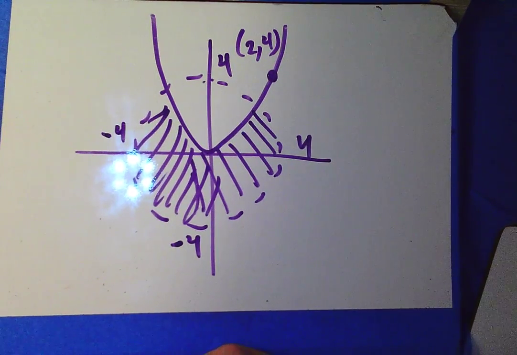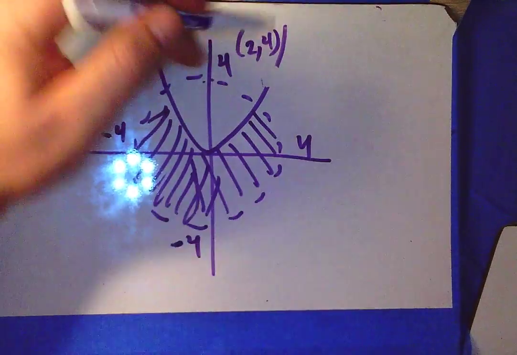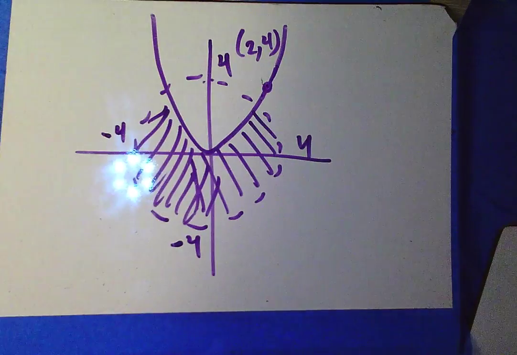Okay. Alrighty. I guess 2, 4 would have to be slightly like that. Okay, so which do you want to do first, circle or parabola?